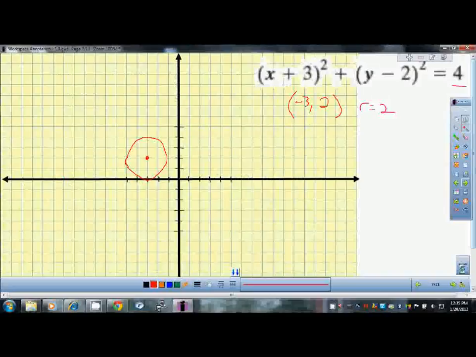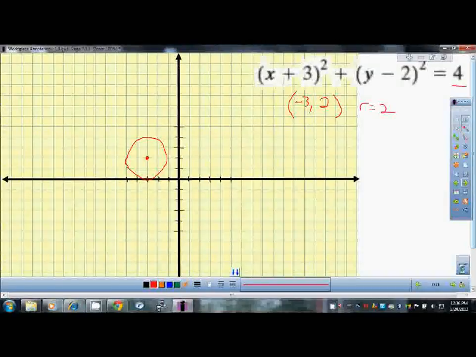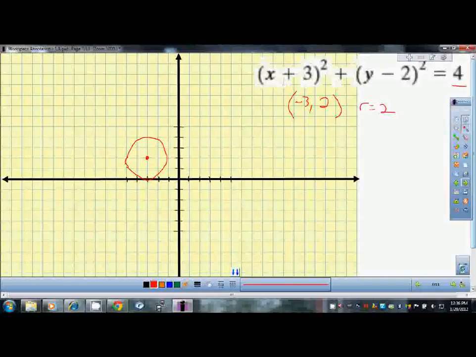But another way to do it is, you know you're just going to be the radius distance from your center in all directions. So you could, on the other slide, without graphing, just say, first of all, look at your x. Does the x go with the domain or the range? Domain. So your domain is going to be 2 units less than and greater than your x center.